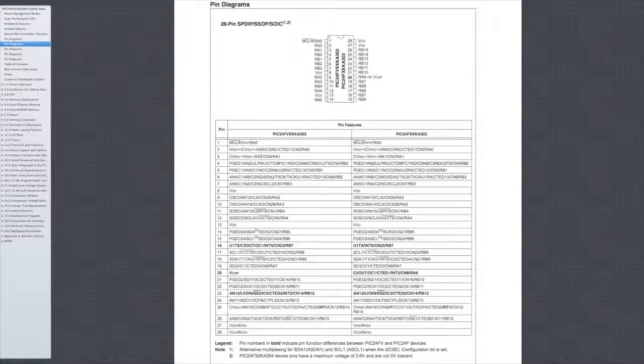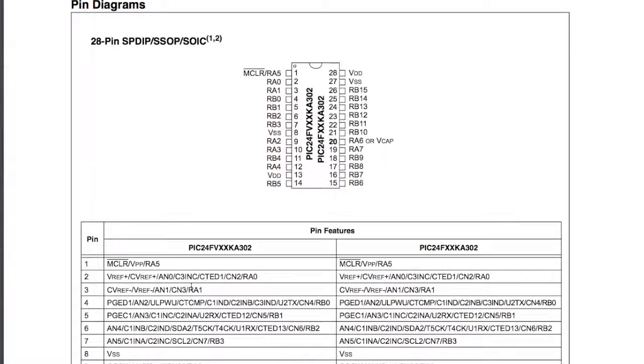So let's look at these pins. You notice right away that there's a lot of information here. So let's look at how we can separate that. Well, this is the FV side. This is the F side over here on the right side. So we want to focus on this left side only. And just to highlight again, you'll see that there are a lot of features or pins that are shared.